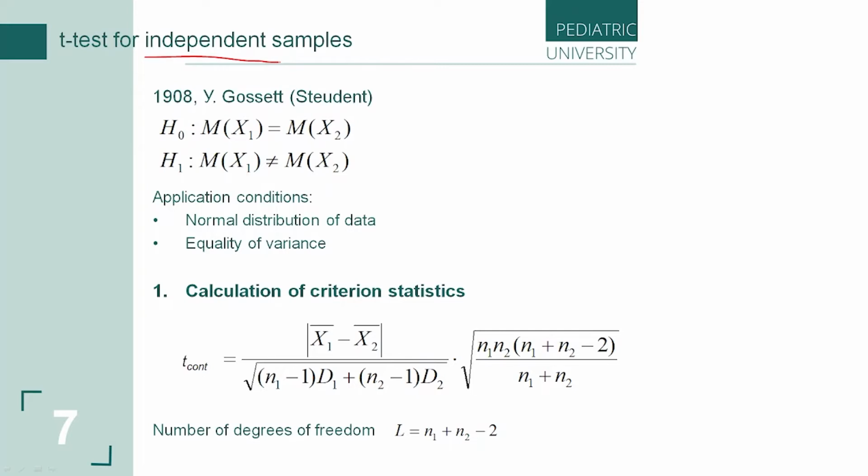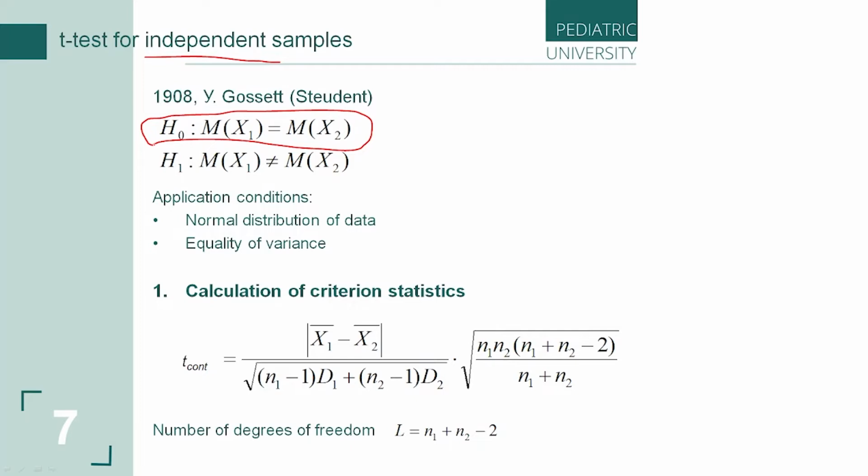And what about this test, the t-test for independent samples? In this case, the null hypothesis is formulated as follows: the mathematical expectation of sample x1 is equal to the mathematical expectation of x2. You can see this is the null hypothesis.